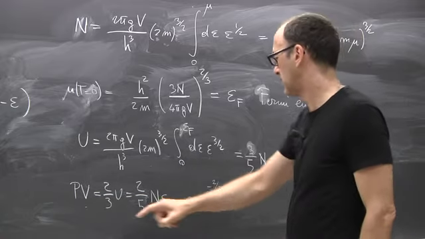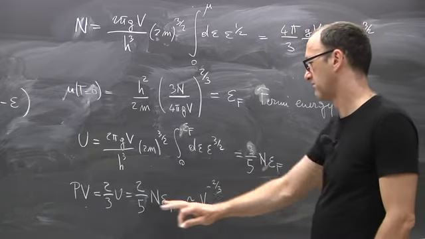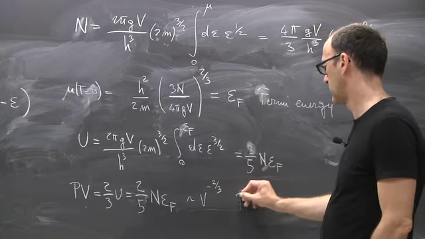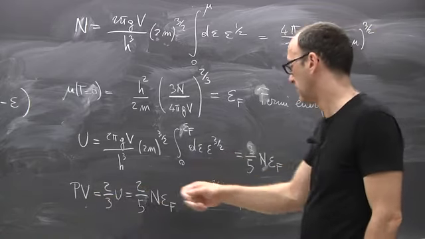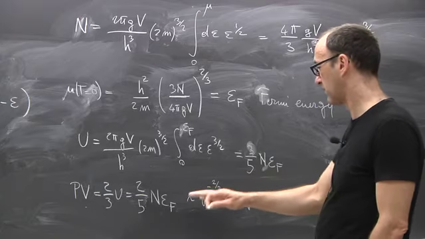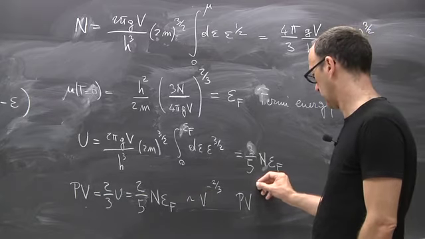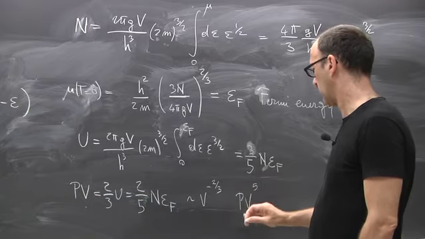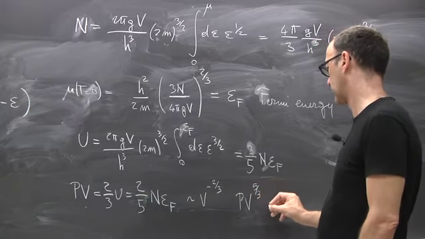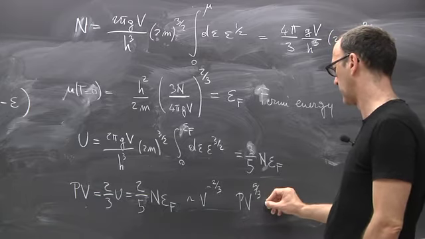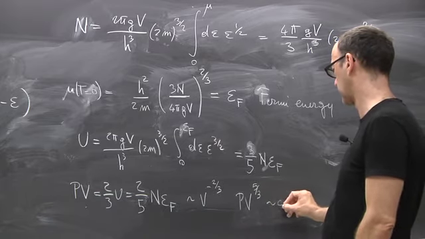You have that at 0 temperature the transformation has a relation between P and V which is similar to the one of an ideal gas, so that PV to the 5/3 is a constant.